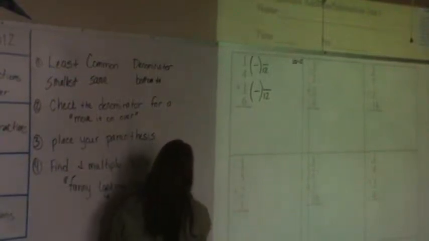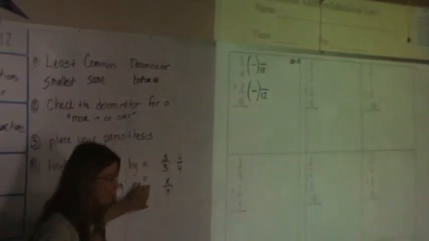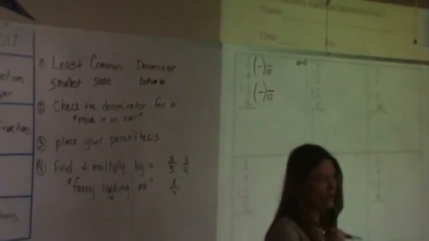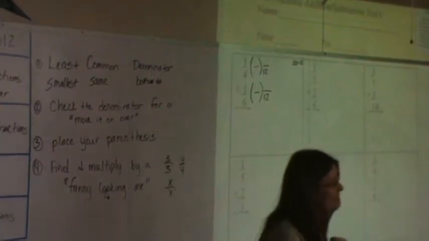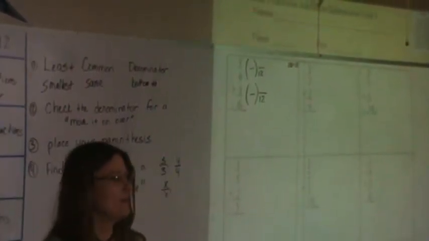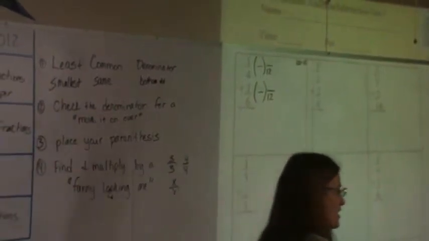X divided by x equals 1 because it's a number on top of itself. In math, anything over itself equals 1. Say that. In math, anything over itself equals 1.